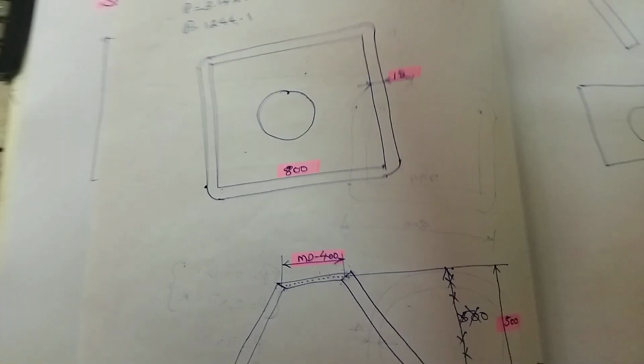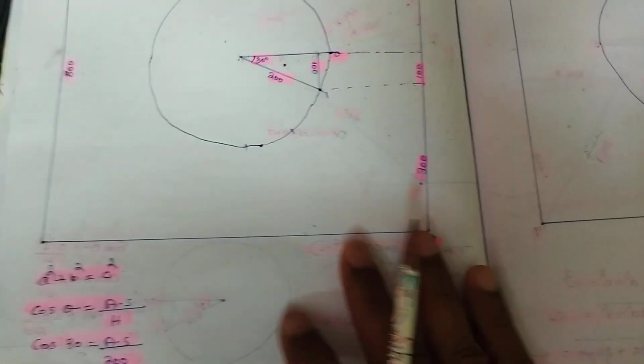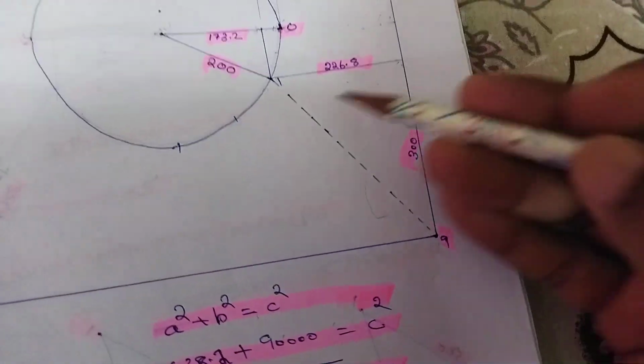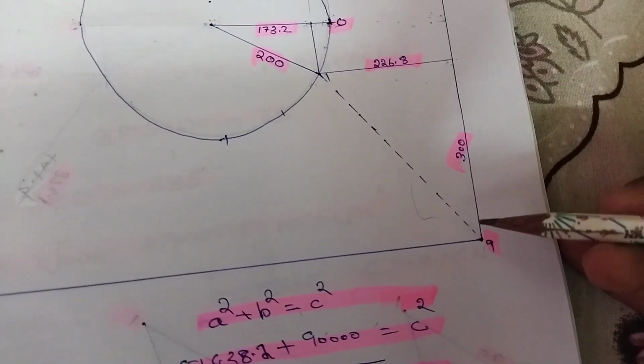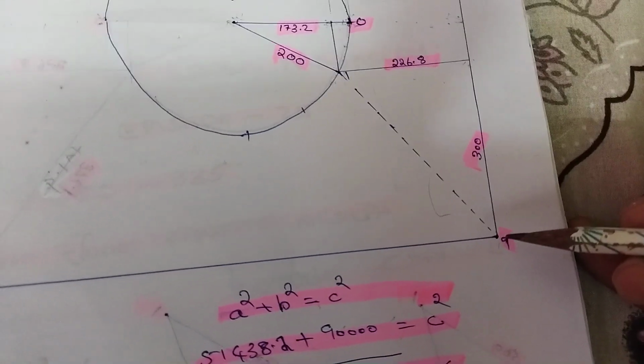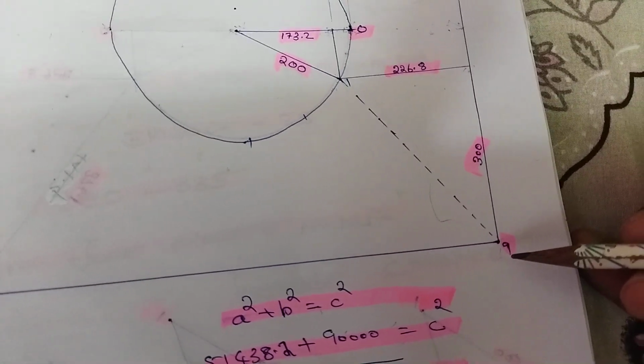So we shall find out that measurement first. First of all, we shall find out this measurement. Afterwards, this measurement square plus vertical height square. Vertical height means 500 square.